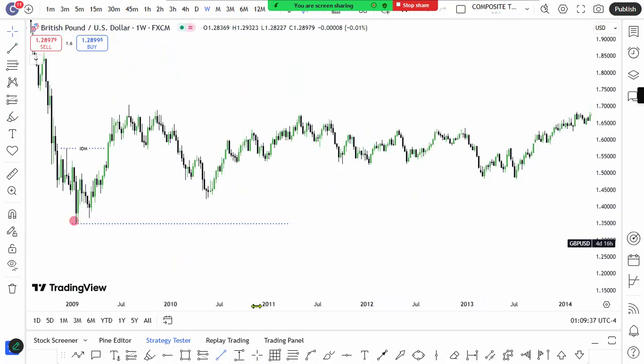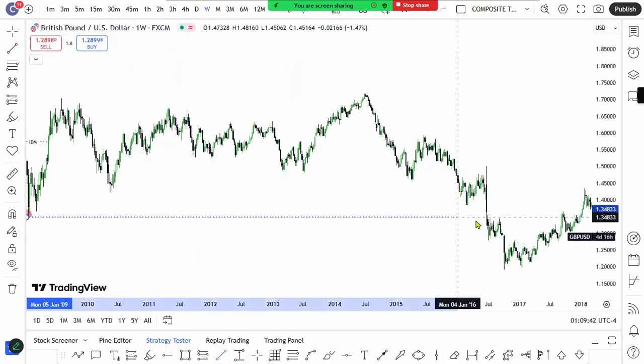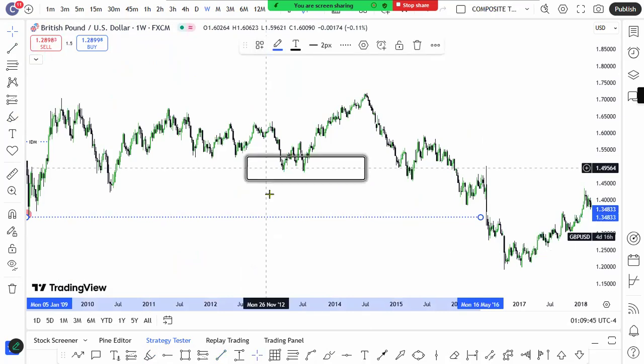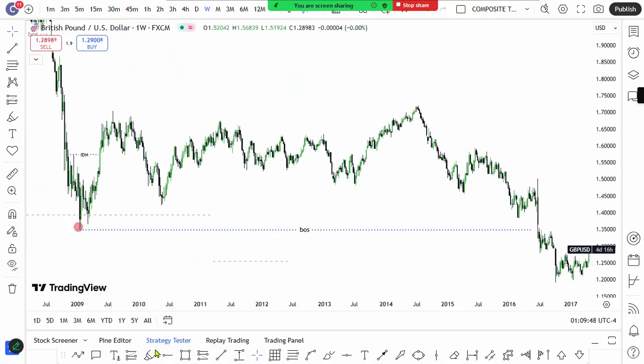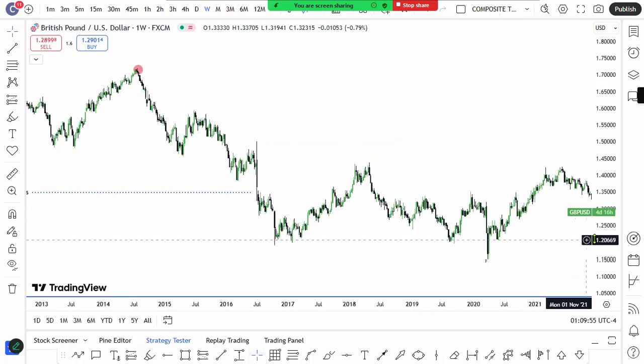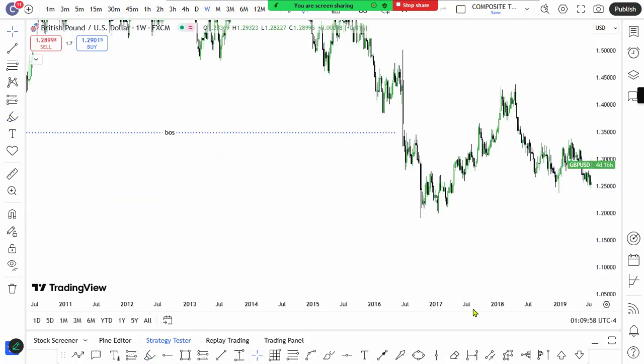So let's see here. See there, we got price continuation to the downside, and having that is a high. If that high is broken, we know that we have a weekly shift. So here, look at this market.